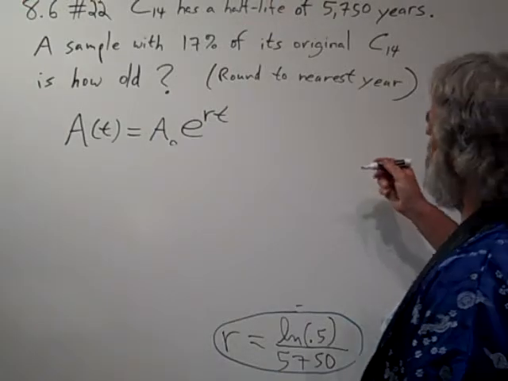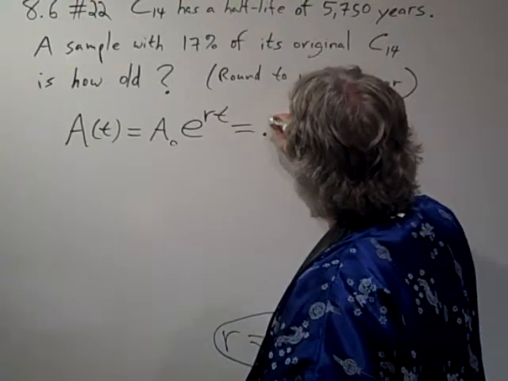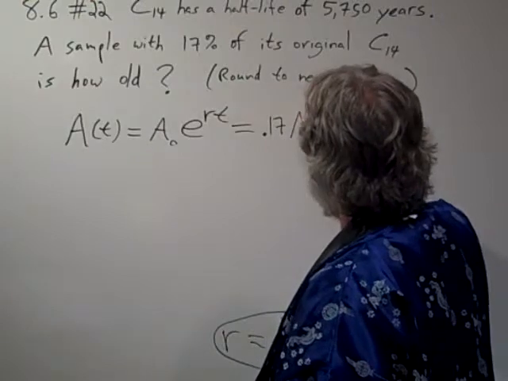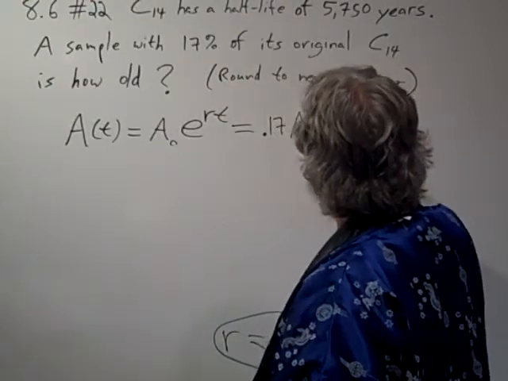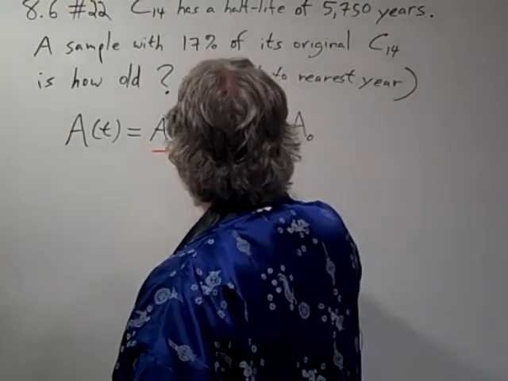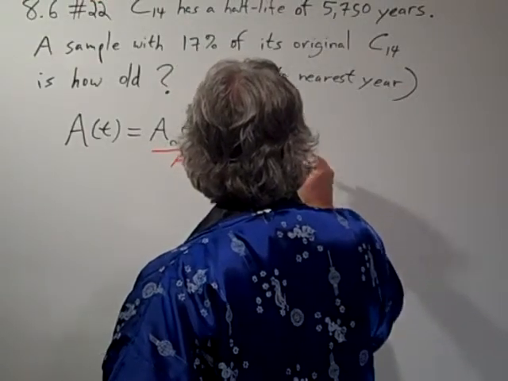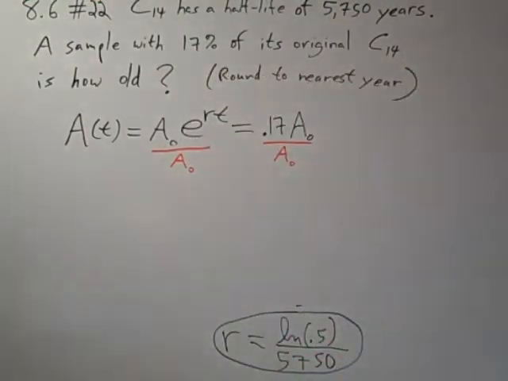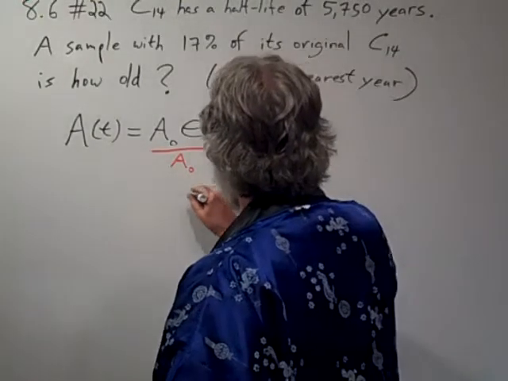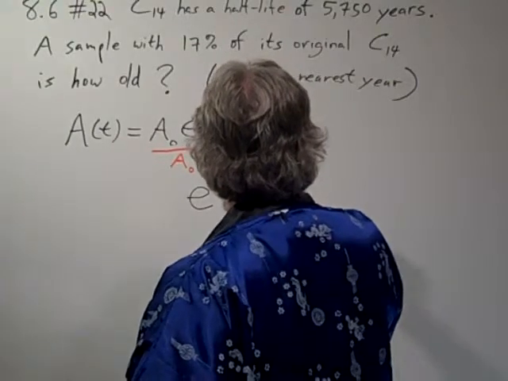They say the sample has 17%, that's 0.17 times the initial amount. And if I divide both sides by the initial amount A naught, we don't know what it is, and we don't even care. It cancels from both sides of the equation, so we're left with e to the rt equals 0.17.